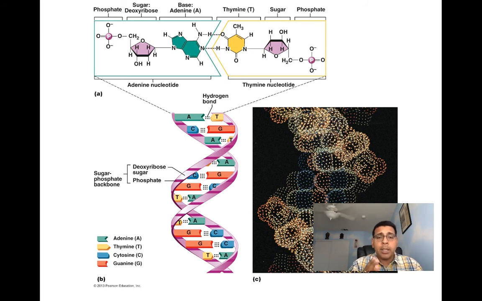Okay, AT, TA, or GC, CG, same thing. Between adenine and thymine there are 2 hydrogen bonds, but between cytosine and guanine there are 3 bonds. So you need to remember there are 3 bonds between cytosine and guanine, where there are only 2 hydrogen bonds between adenine and thymine.